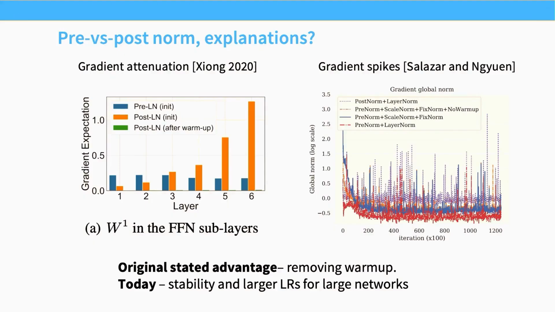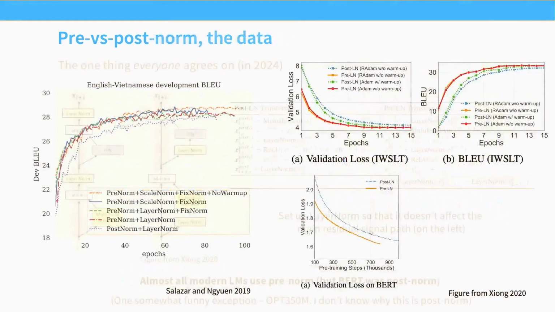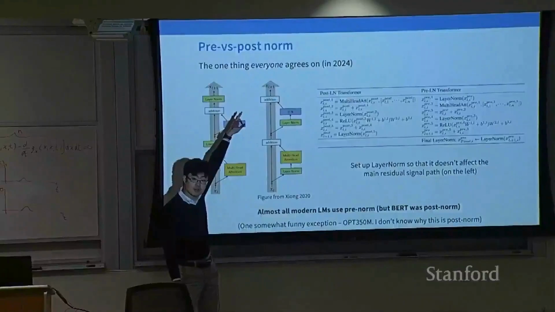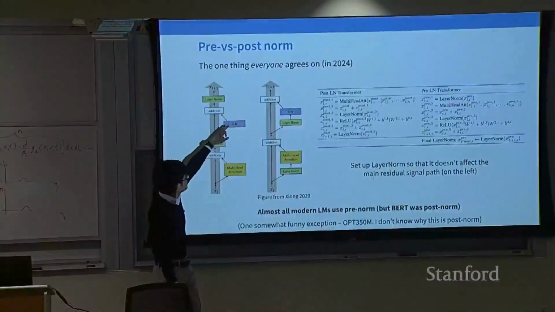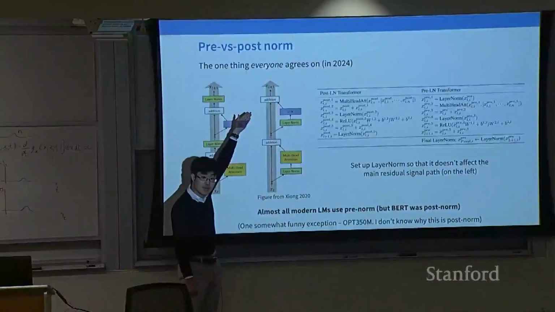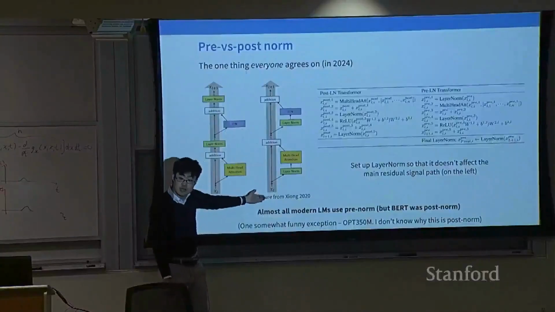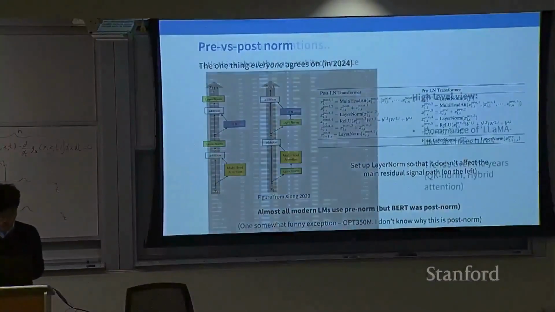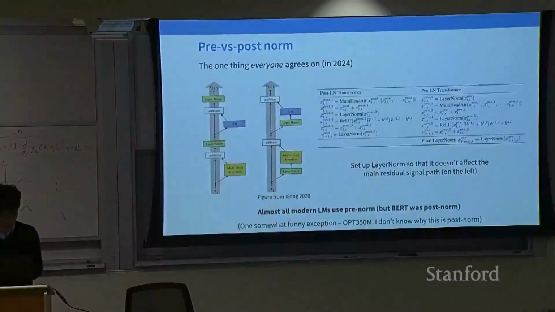When you talk to people who do architecture design, I'm not one of the people that deeply engages in this, but one of the things that people often say is keep your residual stream clean, right? So in this case, you have your x's coming in from the bottom on the pre-norm side, and this x propagates all the way up to the top, all the way up to your final output. And that allows gradients to propagate, in the backward pass, straight through this, right? That makes gradient propagation very simple, which improves both stability and signal propagation.